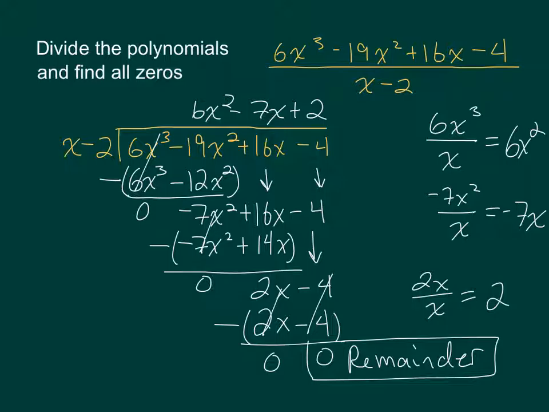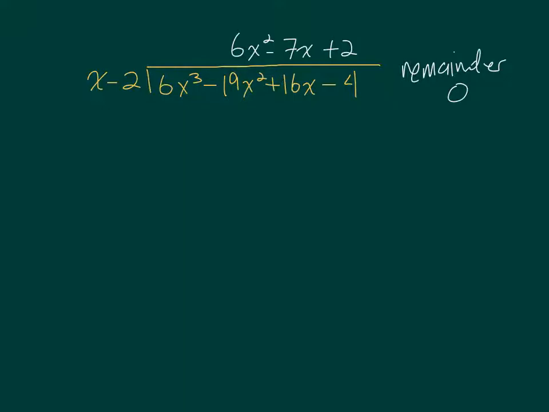A quotient up here of 6x squared minus 7x plus 2. Here is all of the pertinent information from the previous slide, and something really nice happened. When we divided our dividend by our divisor, we got a remainder of 0. What that means is we have effectively factored our dividend. You might look at that thing and say to yourself, well, that doesn't look factorable.